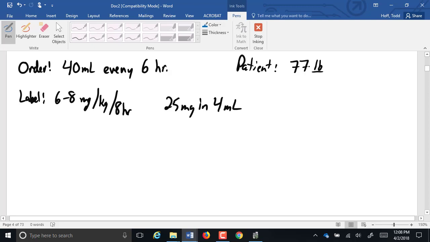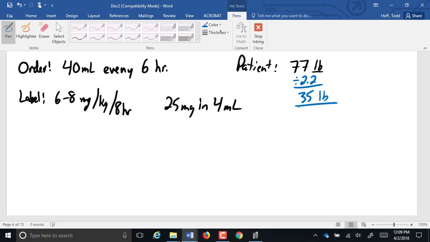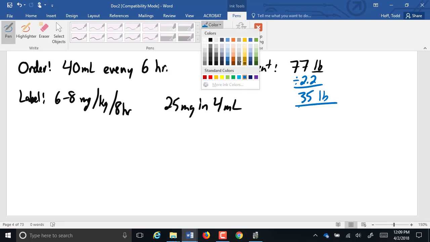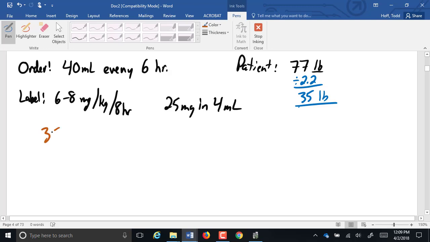So first of all, we start out with the 77 pounds. Here we're going to divide by 2.2. The decimal didn't show up real well there. Let's try that again. 2.2 gives us 35 kilograms is our patient. So let's start with that. 35 kilograms.